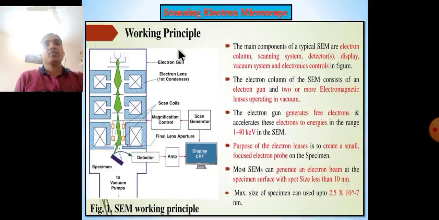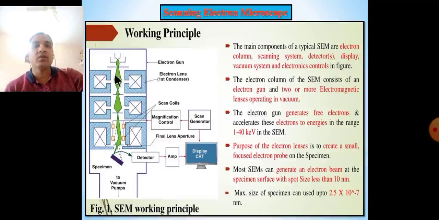Now the working and principle of the scanning electron microscope. First the electron gun, then the electron lenses: the first condenser, second condenser, and the final lens aperture.